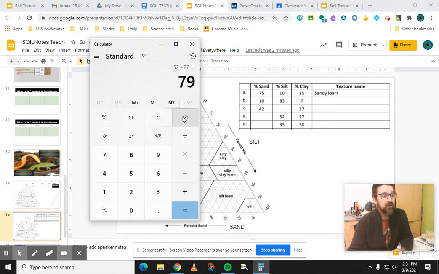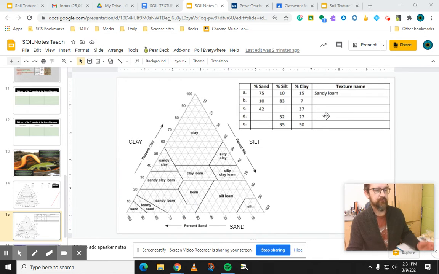So if you know that all of it together, the three parts, is 100, you could just take 100 and subtract 79 from it, and that leaves you with 21, right? So you know that this answer right here for D must be 21. Now that means that it's 21% sand, 52% silt, and 27% clay. Now that doesn't tell you what type of soil it is or what the texture name is. So that's where you have to learn to use the soil triangle properly.